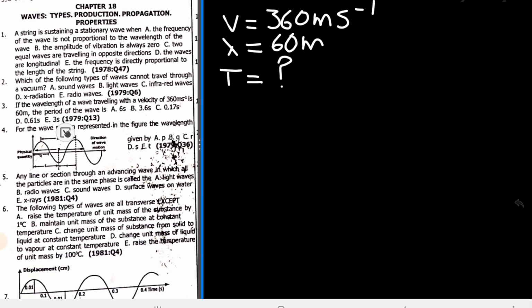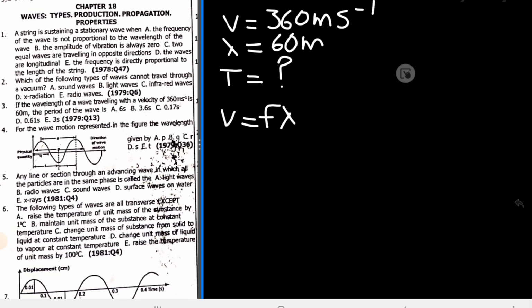But there is no direct correlation between velocity, lambda, and period. But there is a relationship between velocity, lambda, and frequency. And from that frequency, we get a direct relationship with the period. So see, I will see the relationship here. V equals F lambda, where F is frequency.